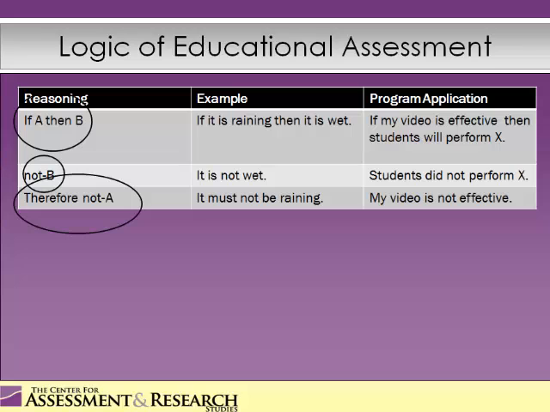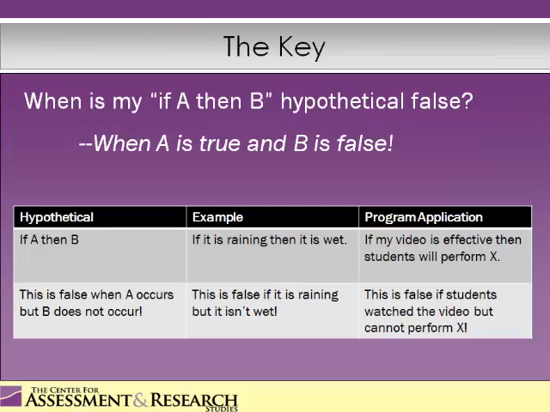So let's think about another situation that is considered, or at least what I would consider to be, a key issue. We may ask, well, under what conditions would my hypothetical, my if A, then B, turn out to be false or incorrect? Well, there is only one condition where this would occur.